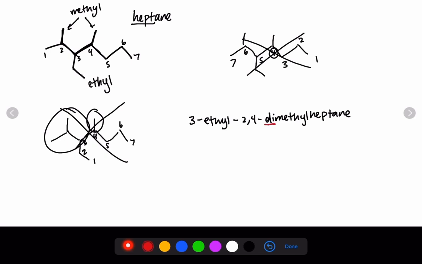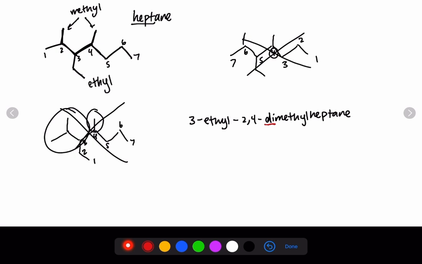First, the di. The reason we have it is because there are 2 methyl groups in the molecule. If we had 3, we would put tri before methyl, and if we had 4, we would put tetra before methyl. The next reason ethyl comes before the dimethyl is because we order the branches alphabetically, excluding the di, tri, or tetra prefixes.